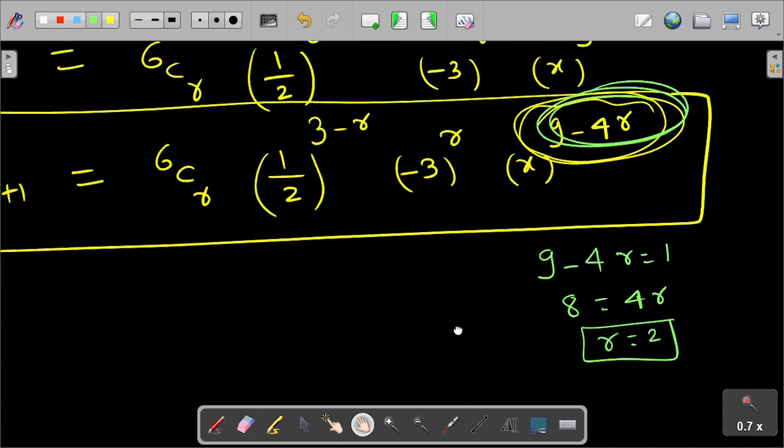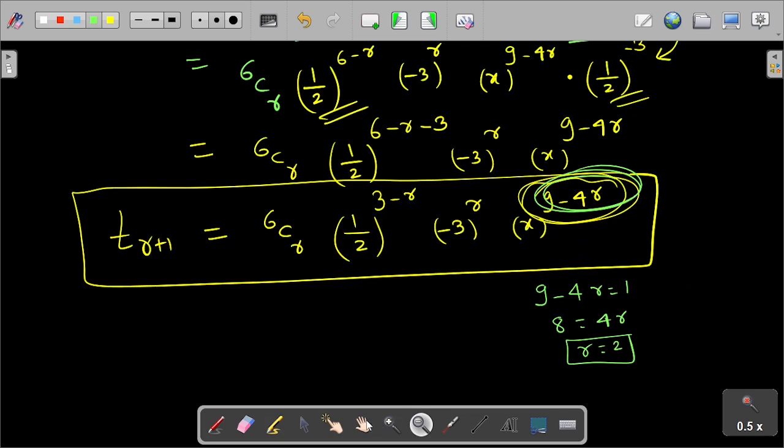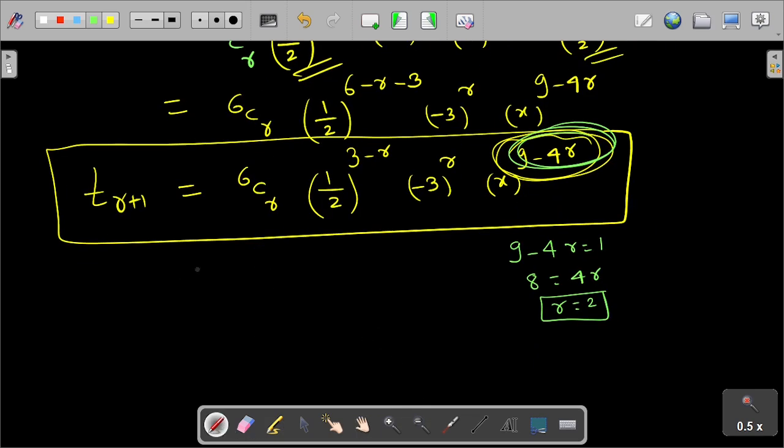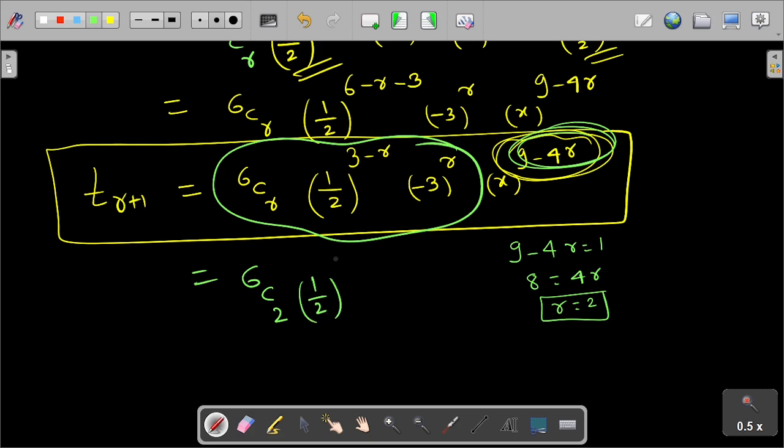Now if you want the coefficient, just put the value of r in the given expression. So this will be the coefficient. So you should have 6C2 (1/2) raised to power 3 minus 2, that is 1, (-3) raised to power 2. Please find 6C2. What's the value of 6C2? 15.